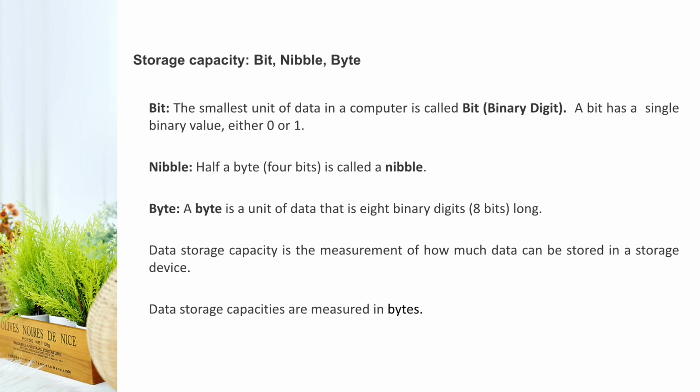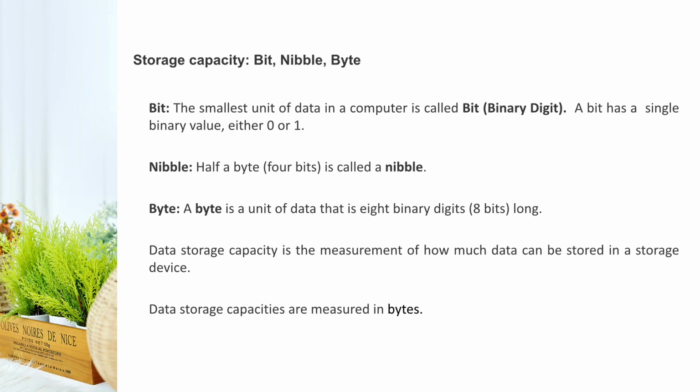Now we will see what we mean by storage capacity. Data storage capacity is the measurement of how much data can be stored in a storage device. There are different measures like bit, nibble, byte, then kilobytes, megabytes, etc. A bit is the smallest unit of data in a computer, also known as the binary digit.